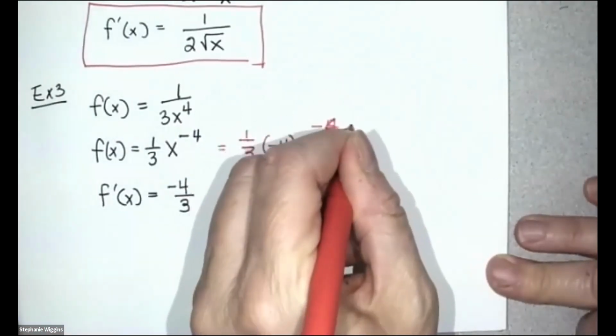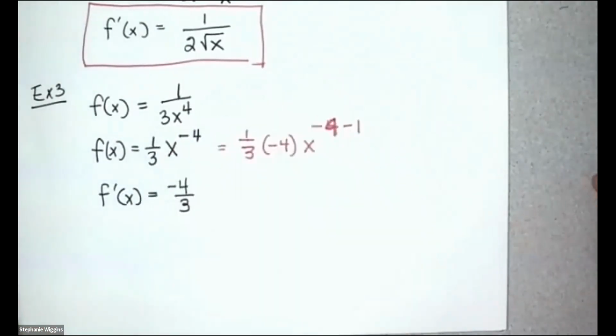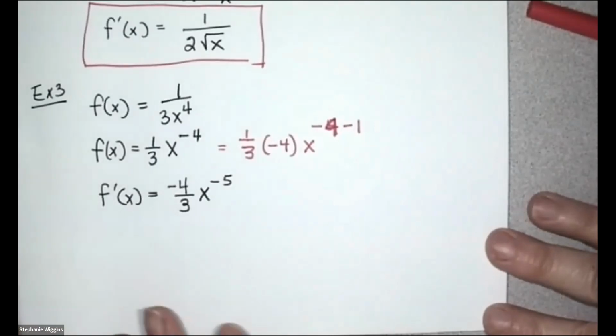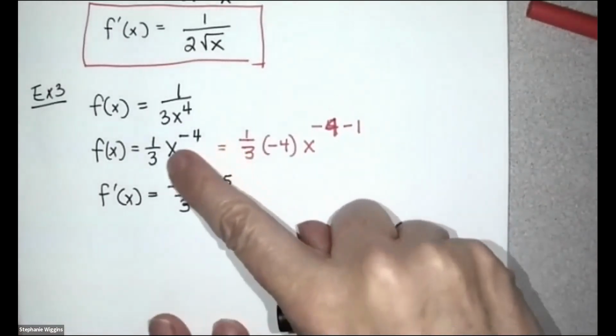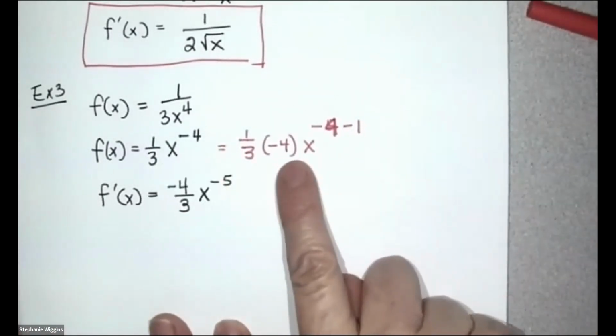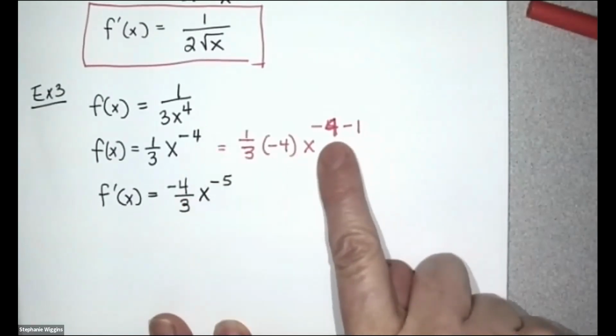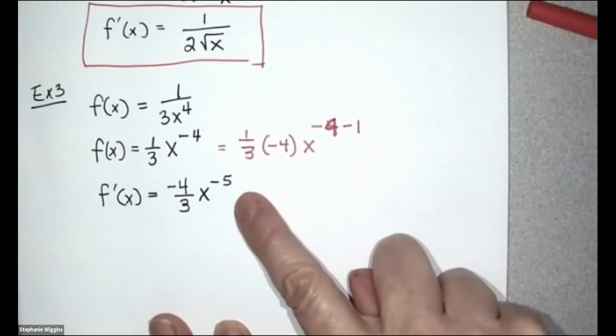Let's put -4 minus 1. That's better. That just shows you what I'm doing here. So we take -4 times 1/3 right there. So I get -4/3. And then you subtract 1 from the exponent -4 to get -5.